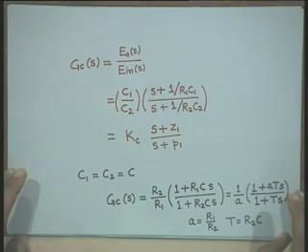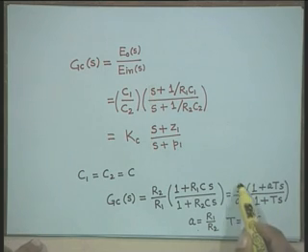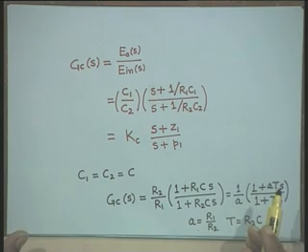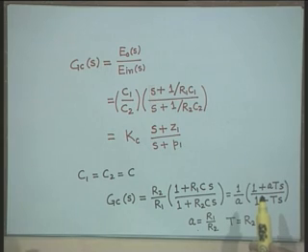Now, the problem is how to choose the values of these two parameters A and T. This quantity 1/A will be considered as part of the stabilizer gain, because this is a constant multiplying factor. Therefore, this can be clubbed with the stabilizer gain.